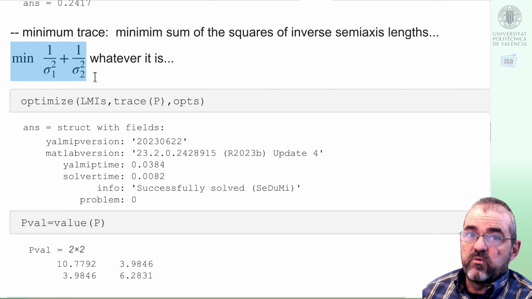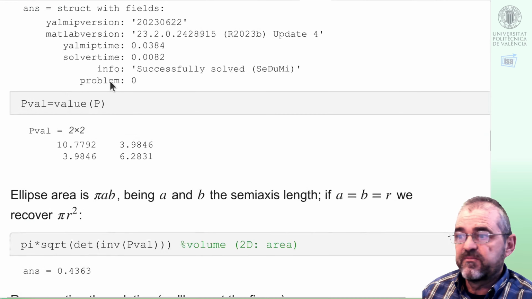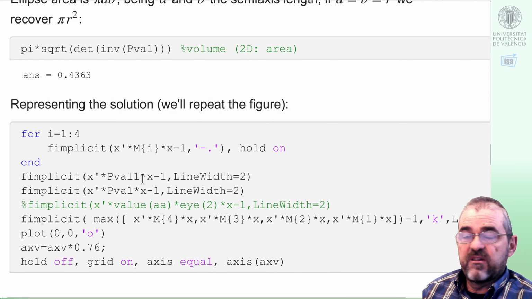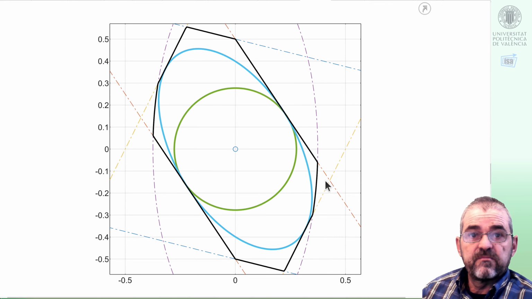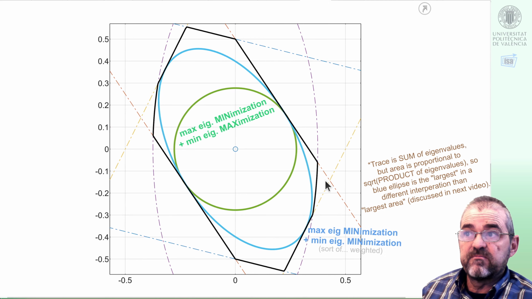And then we get a large ellipse. Here we have it. If we plot it with fimplicit, in green we have the circle solution to our first problem, and in cyan now we have the solution to the second problem.